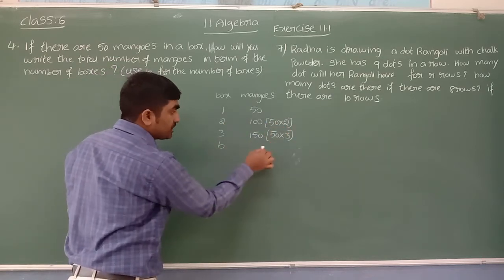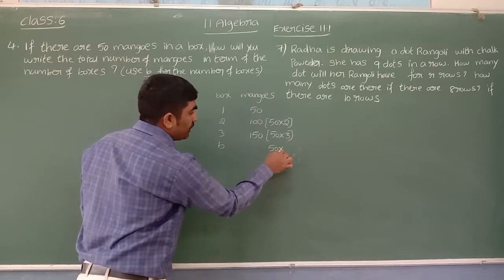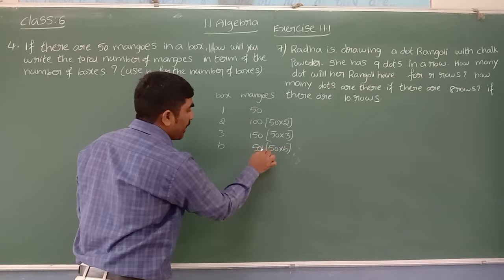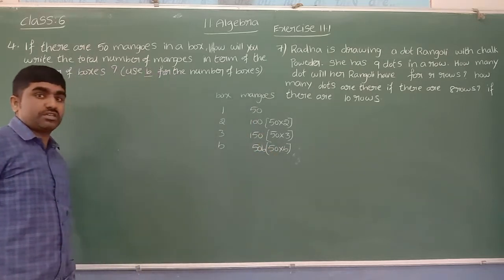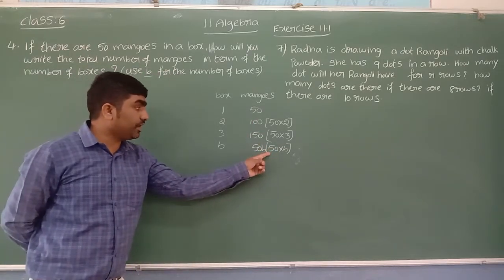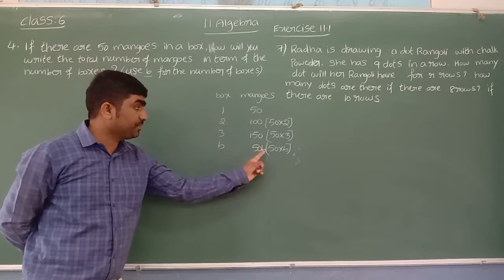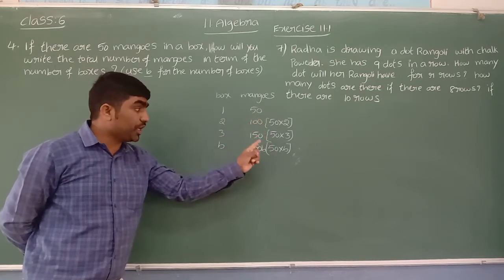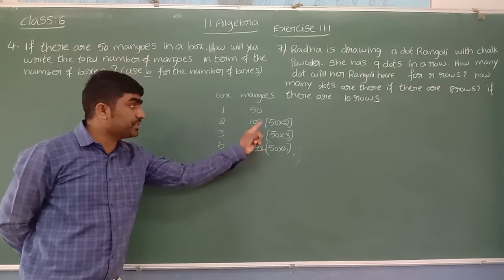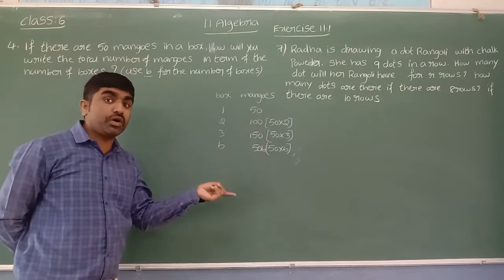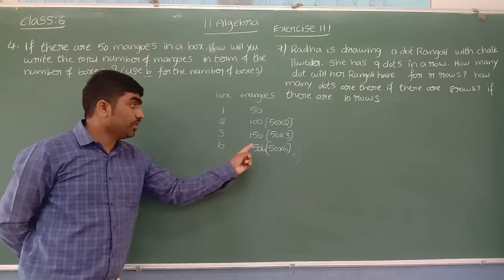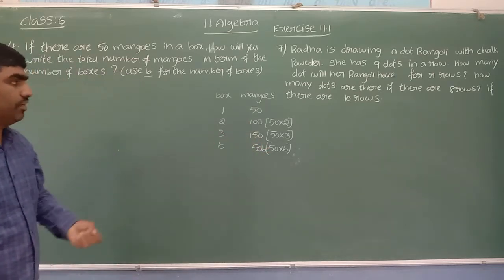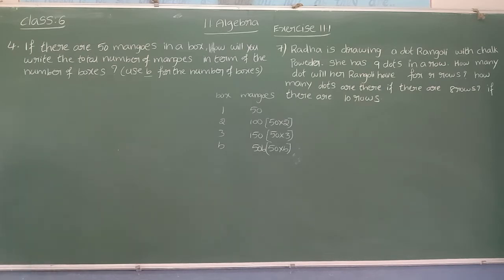If I have B boxes, 50 into B. It means 50B mangoes. In the place of B, you can write 3. If I have 3 boxes, 50 into 3 gives 150. If I have only 2 boxes, 50 into 2 gives 100. If you have 20 boxes, 50 into 20 is 1000. So like that, you can write the rules.